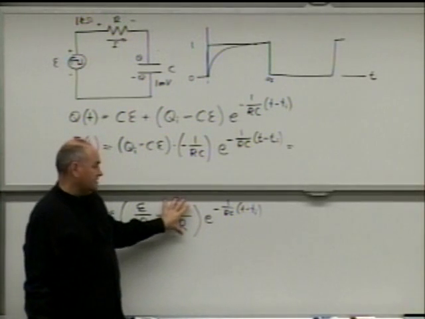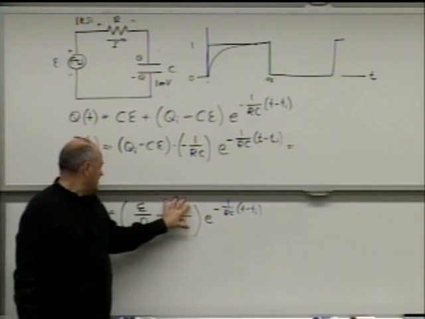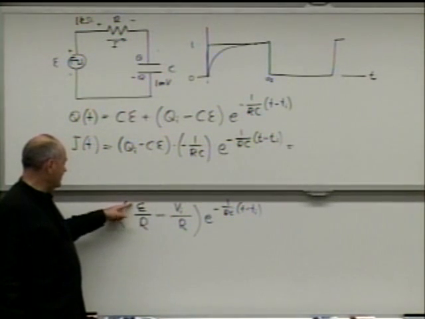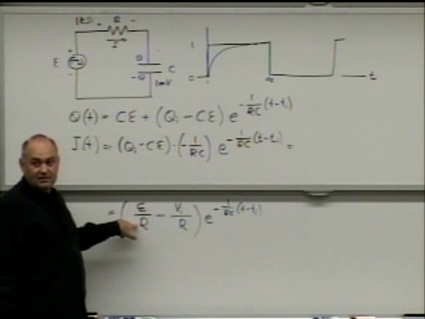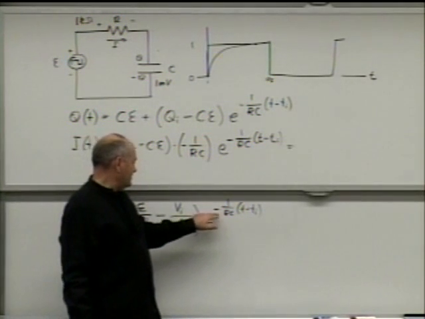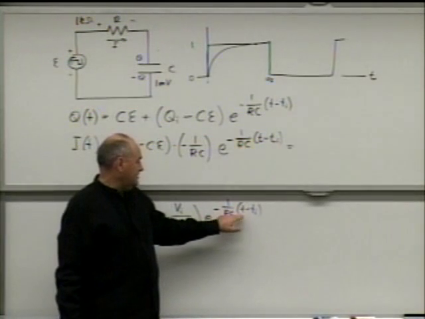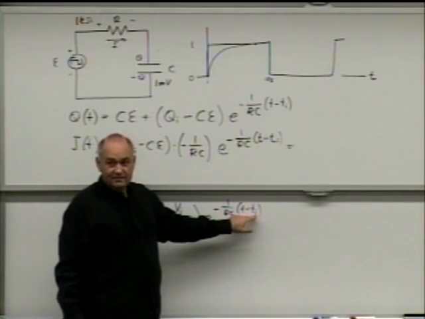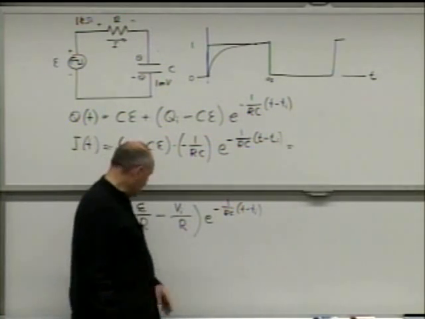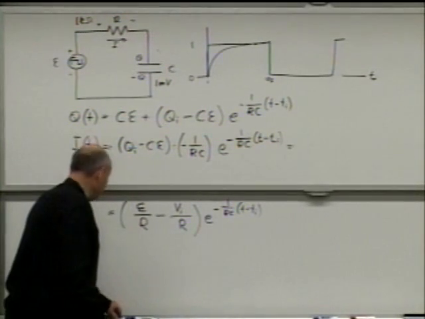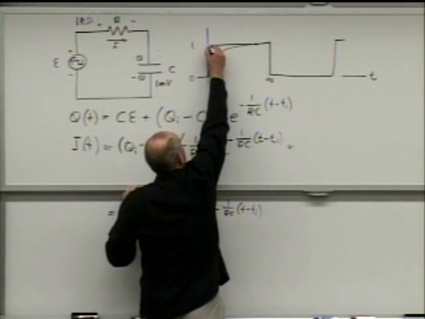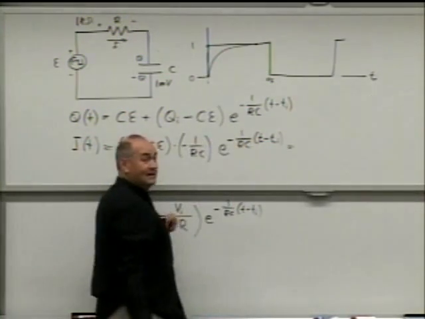So this term is 0. Then we have here, well, 1 volt over 1 kilo ohm, so it will be 1 milliampere, e to the power, and t minus t0 is 0, so this is 1, right? So we will have 1 milliampere. How about if I mark it as a 1 milliampere? So at instant 0, current is going to be 1 milliampere.